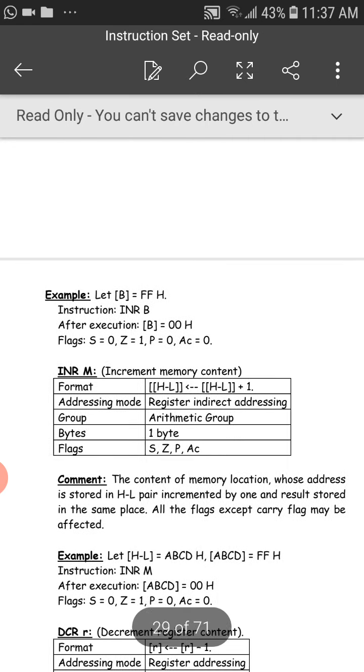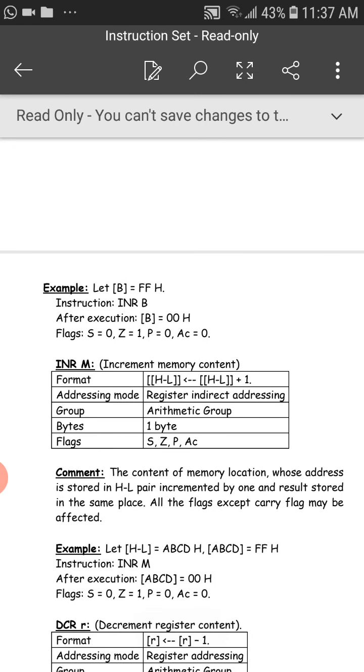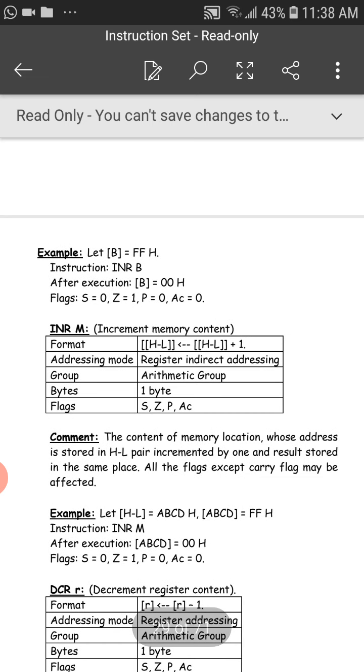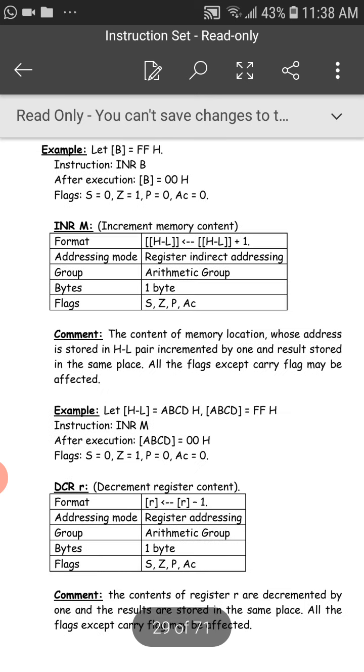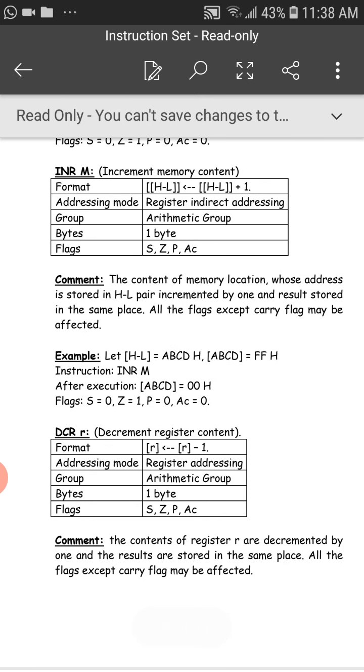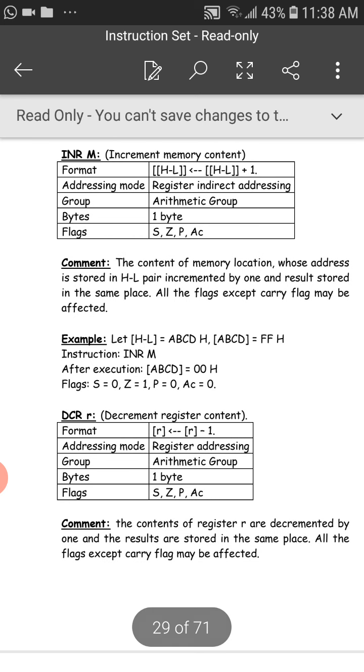So see, your data is B equals FFH. After increment, after execution B is 00. Then the increment M instruction increments the memory content, the memory location addressed by HL, by 1. It is register indirect addressing mode.